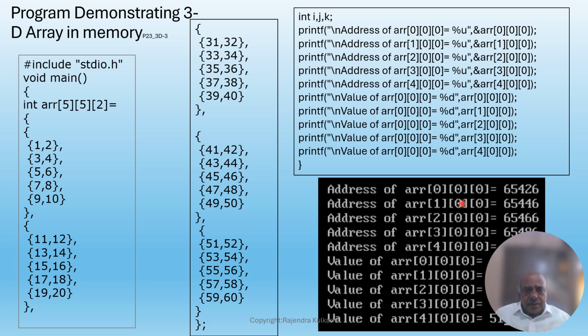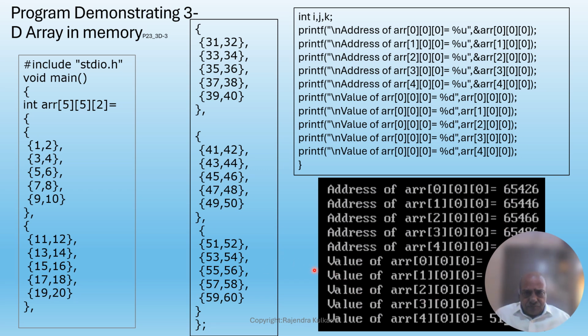So the ARR[0][0][0] address is 65426, ARR[1][0][0] address is 65446, address of ARR[2][0][0] is 65466, and so on.